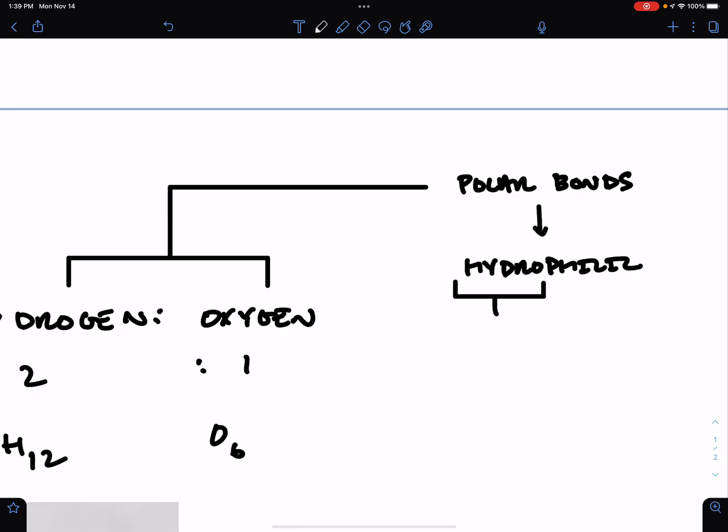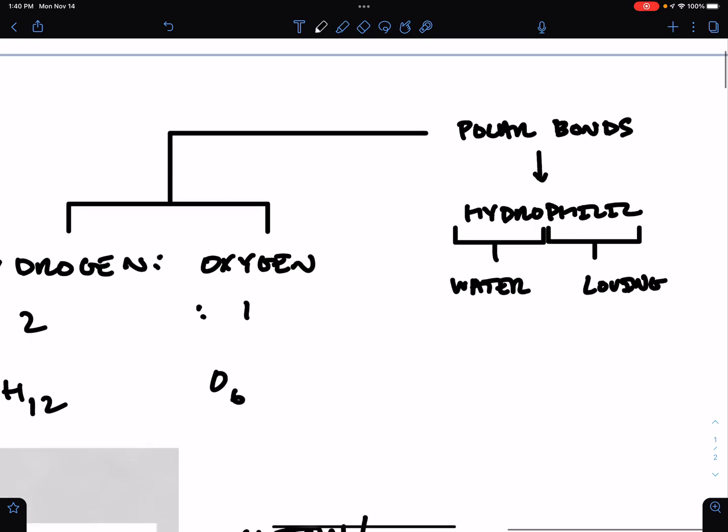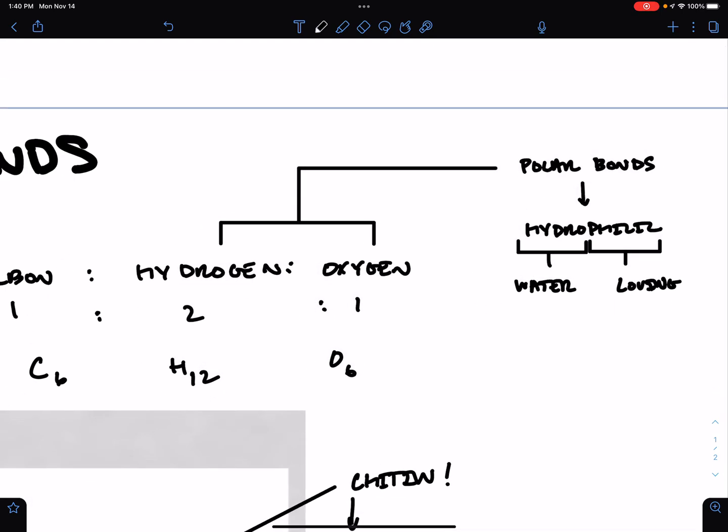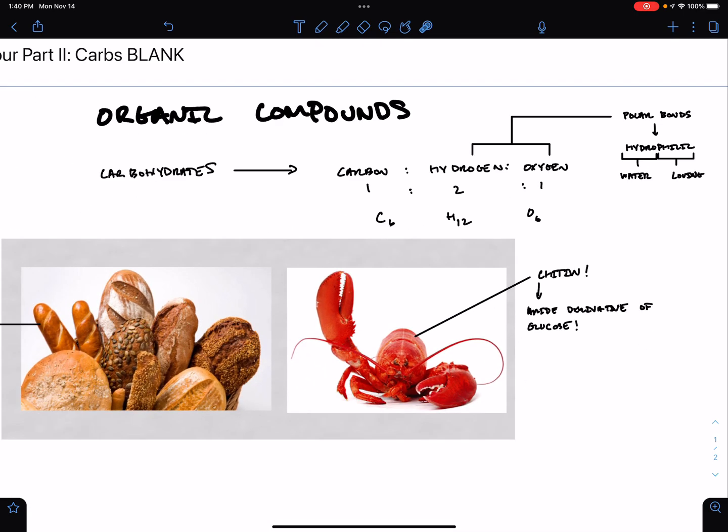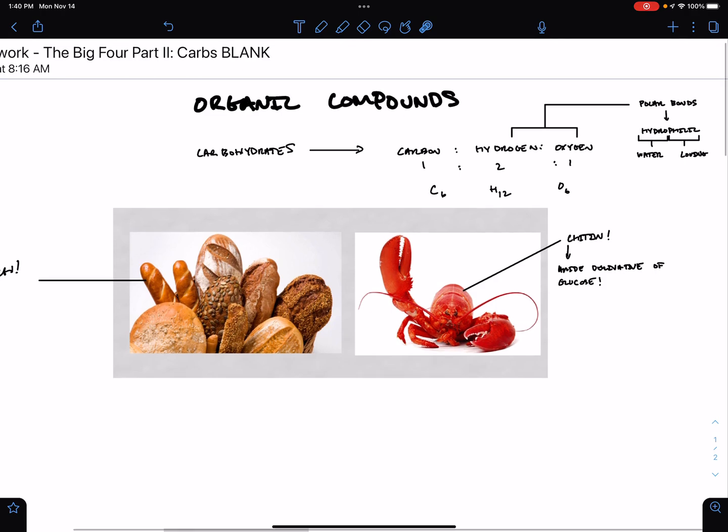Hydro meaning water, and philic meaning loving. So many of these organic compounds are water-loving compounds. They are very water-soluble. They readily dissolve in water. They readily bond to water molecules because of these polar bonds in the hydrogen-oxygen bonds in these organic compounds.